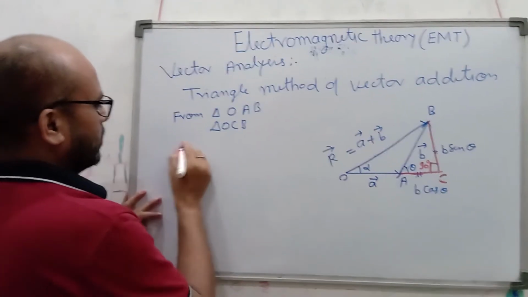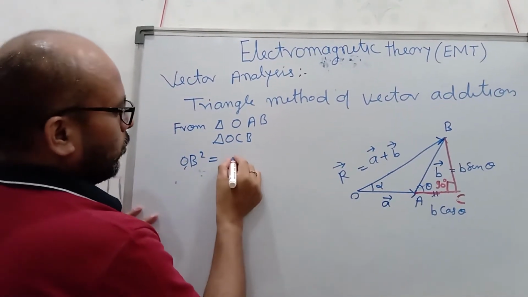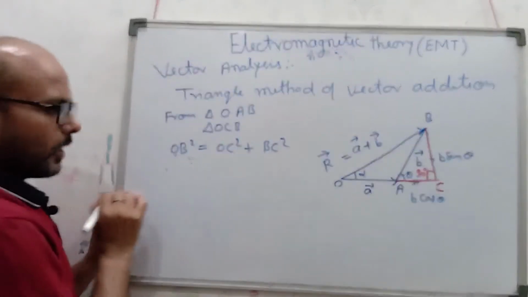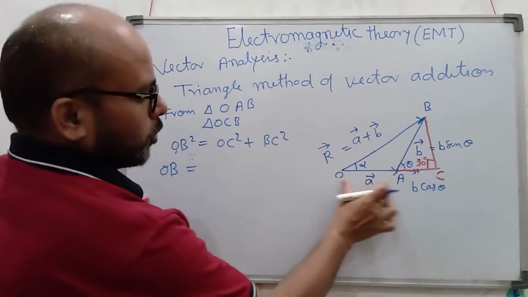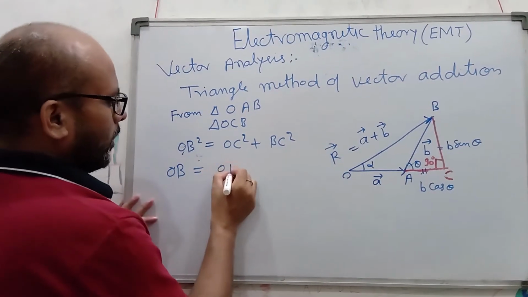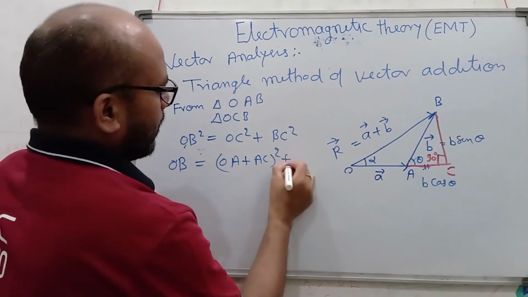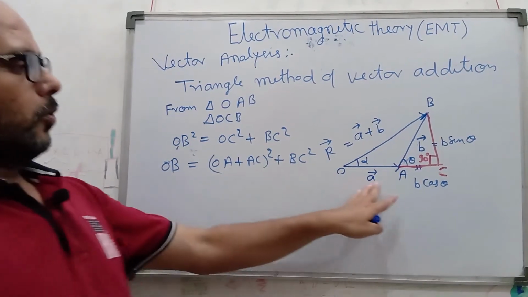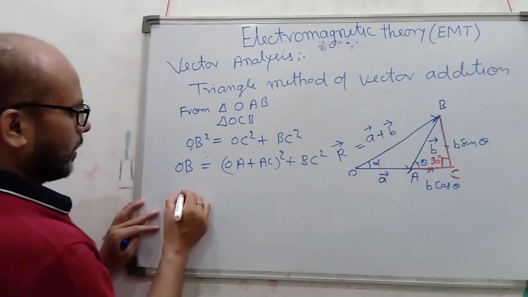First, OB square equals OC square plus BC square. OB square equals OC square, OC equals OA plus AC, so (OA plus AC) whole square plus BC square. Put the values of OA, AC and BC. So OB equals R square.